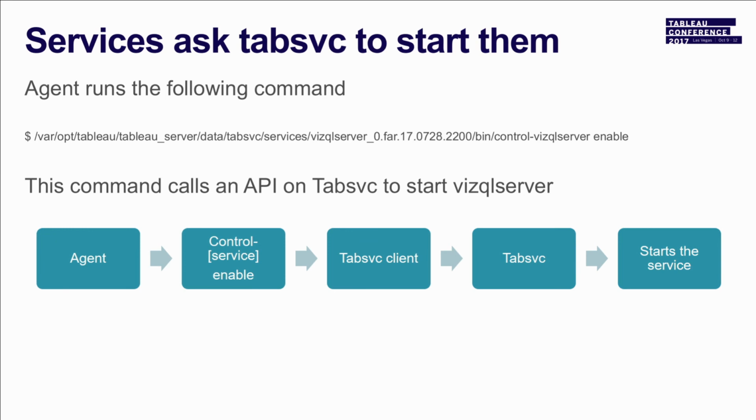So when you start one of the Tableau Server processes, the agent runs this enable command, which actually has an API client on the tabsvc process, and then tabsvc will start the service.